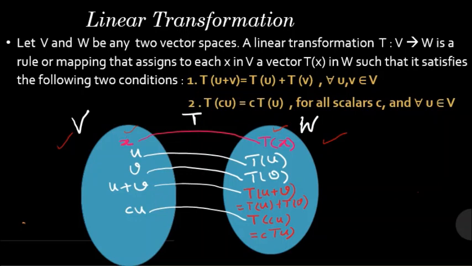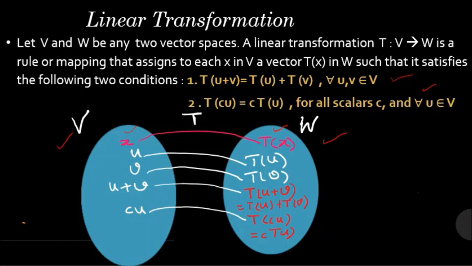What are the two conditions? First condition is T of u plus v is equal to T of u plus T of v for all vectors u and v belonging to V. And the second one, T of c into u is equal to c into T of u for all scalars c and for all vectors u belonging to V.